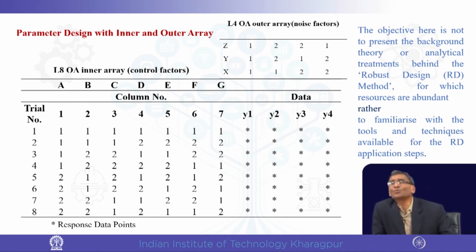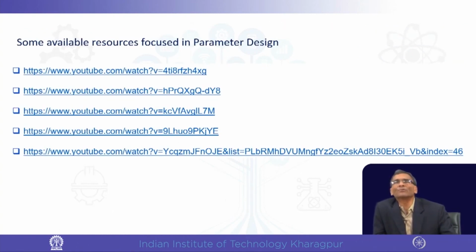These are the responses. So we take the average of it and do the calculation or find the signal-to-noise ratio. We will discuss that separately, but we would understand what the process is. Here are these sources, links from where you can understand parameter design. I would give a glimpse of this.